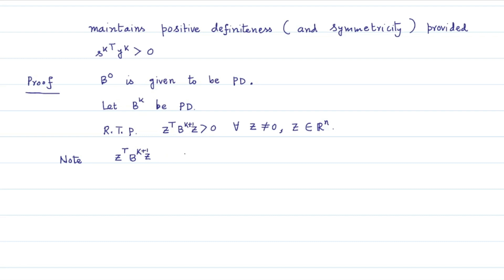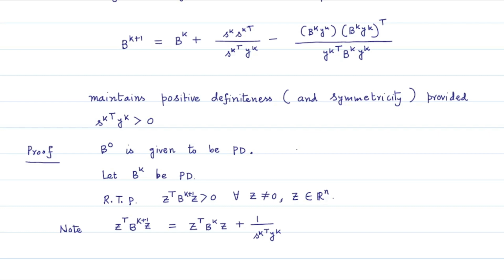Note that this expression is equal to z transpose Bk z plus 1 over sk transpose yk times the expression, where if we take z transpose and multiply with z, we will have (z transpose sk) squared minus (z transpose Bk yk) squared divided by yk transpose Bk yk.